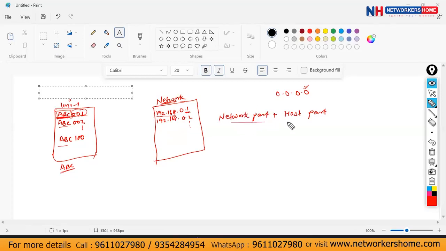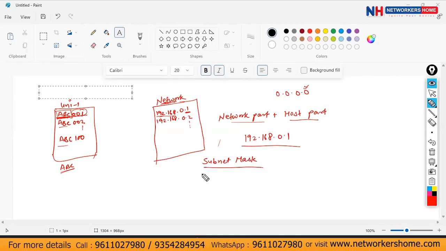We combine the network part and host part, and then we get the full IP address. Looking at the IP address, you need to decide which part is the network and which part is the host. But how do we know? We haven't seen anything that can tell us this. For this purpose, we have something called the subnet mask.